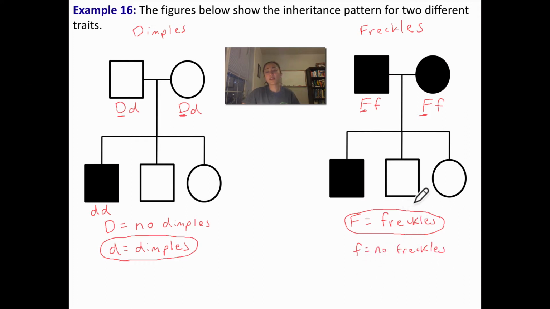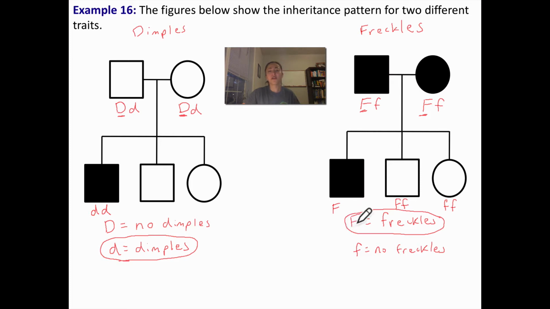So what do we know about these 2 children that are not shaded in? Well, they have to be homozygous recessive. So they're expressing the recessive allele, which is why they look different than their parents who are expressing the dominant allele. What about this child over here? Well, this child over on the left has to have a big F because it looks like their parent.